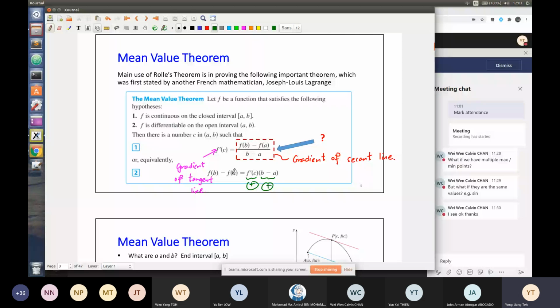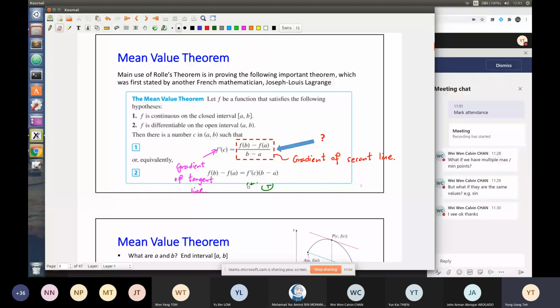Okay, so by the mean value theorem, we can actually decide on the so-called increasing or decreasing characteristic of a function. If f' is positive, then f must be increasing.